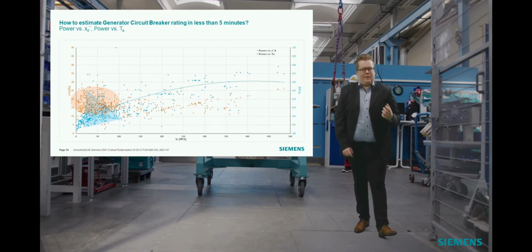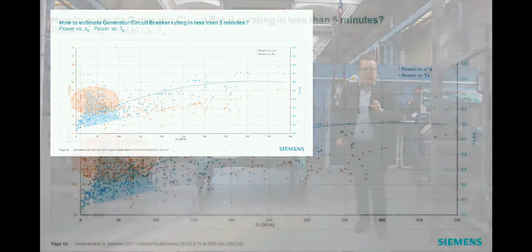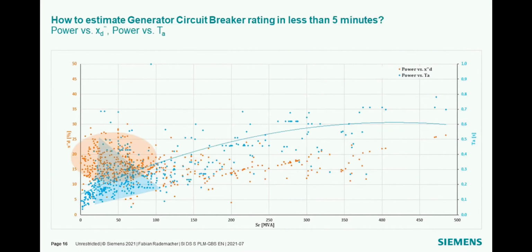So this generator circuit breaker estimation tool is based on experience we have gained over the last years. We have collected data from multiple generators and put them into one big database. What we can see is, in this case, the power versus the sub-transient reactance.